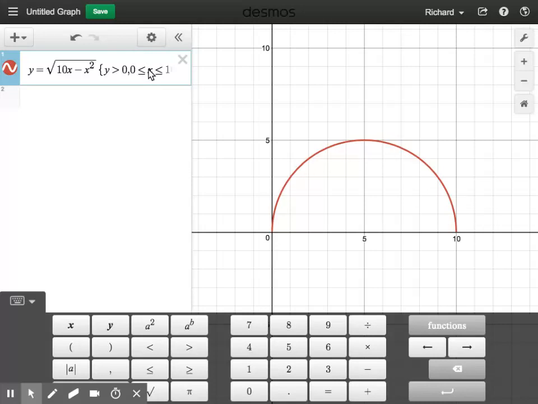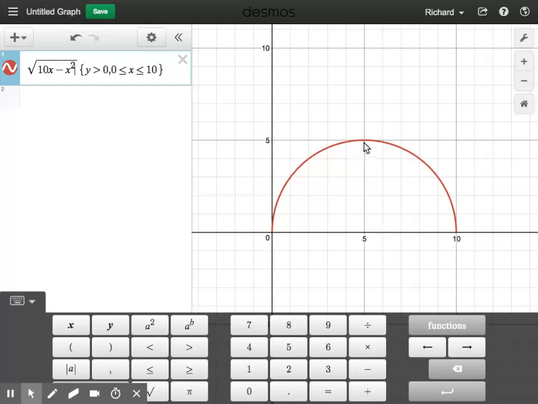And I have deliberately limited the function to the values between 0 and 10. Now that shape there, I'm hoping people can see, is a semicircle. The semicircle has a radius of 5 and hence a total diameter of 10.